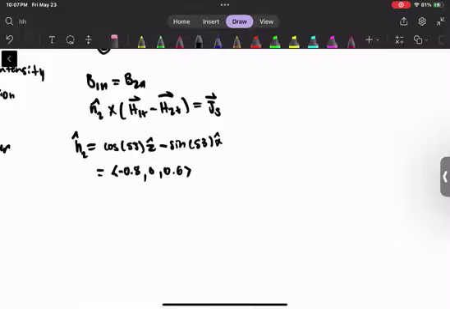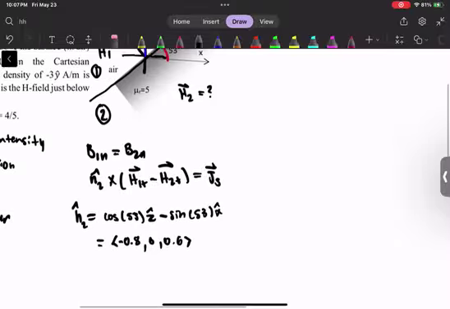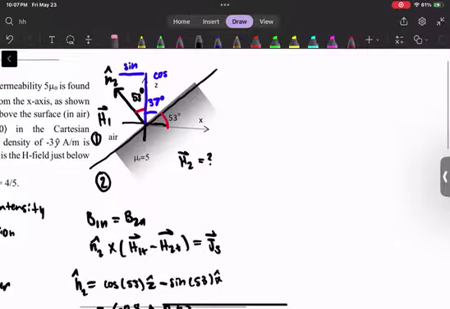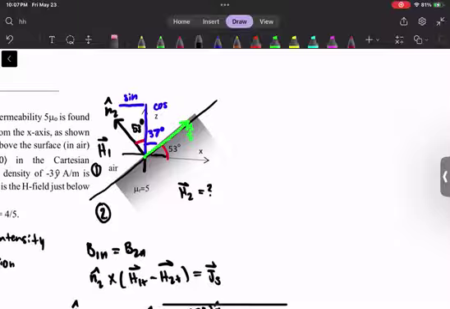Now we're going to find our tangent, our first t hat. Let me also make note that the surface current on the boundary is in the negative y direction with a magnitude of 3.